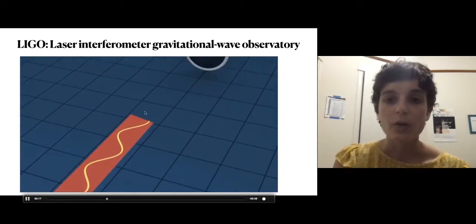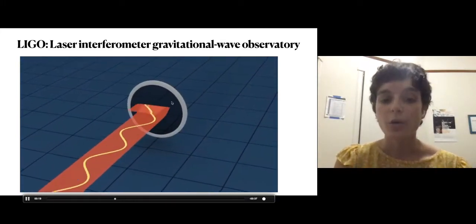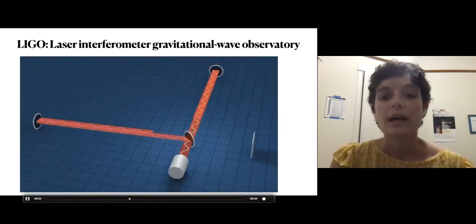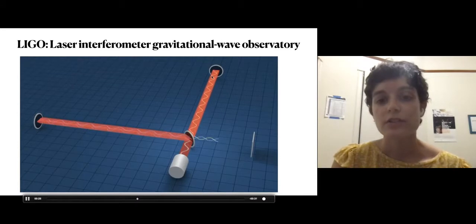Here you can see how that laser light is a wave and it travels down each arm, reflects off the mirrors. The mirrors are the test masses at the end of the arms, then recombines and goes into this output here.